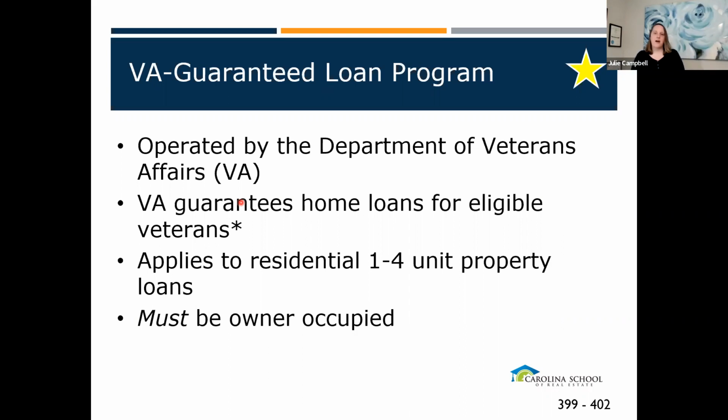These again qualify for 1 to 4 unit property loans. They have to be owner occupied. The people have to qualify. The vets have to qualify. Not all properties are going to qualify for a VA loan. Again, they just have a tighter appraisal process.